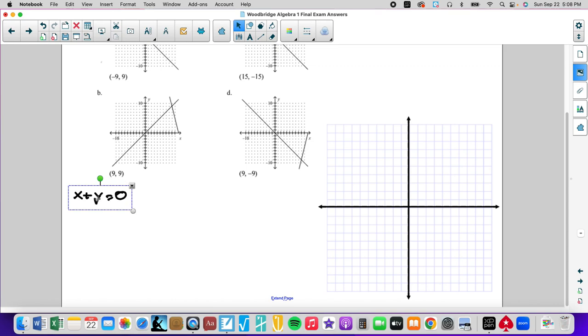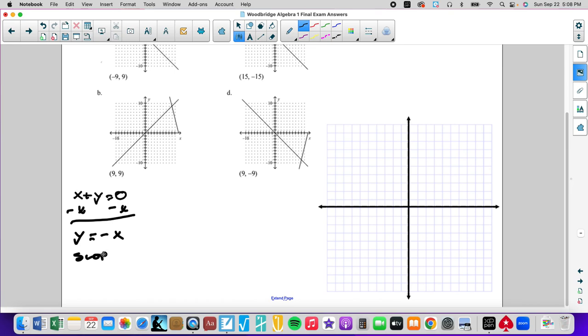But because these have the same x and y intercepts of 0, I'm going to actually subtract x, and I'm going to put it in slope-intercept form. y equals -x tells me I have a slope of -1 and a y-intercept of 0.